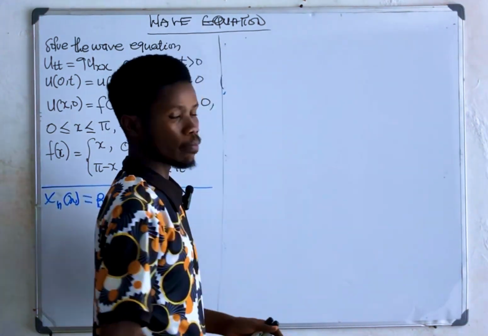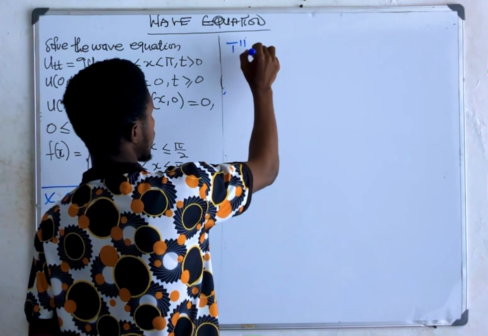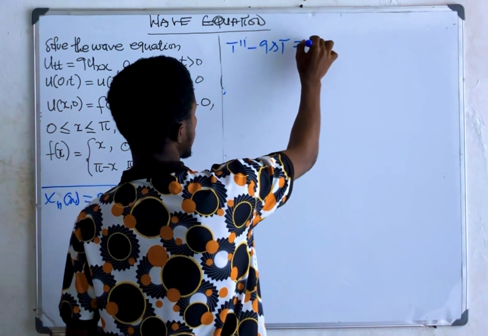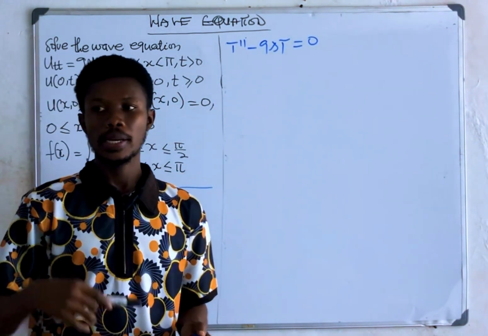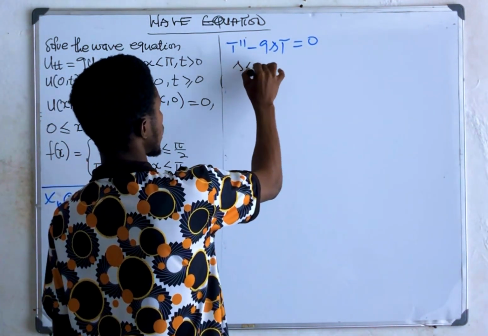Now look, the next one is the t one, which is t prime prime minus 9 lambda t equals 0. And I'm saying that for this one, you only consider case number 3. What is case 3? Case 3 is saying that lambda is less than 0.